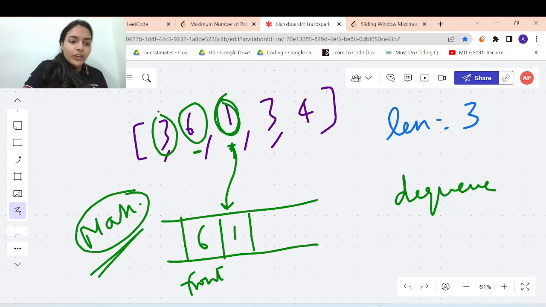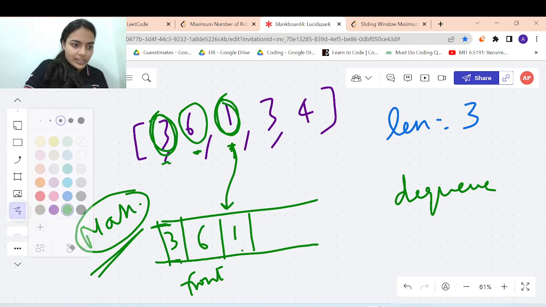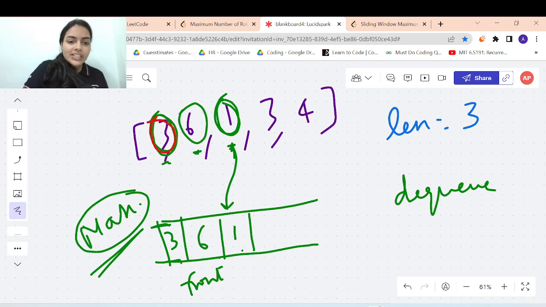But now why did we pop 3? Because 3 was occurring before 6, right? If I store it like this, it is useless. For the future cases, it is never possible that 3 is the answer, because 6 is a greater element occurring after 3.